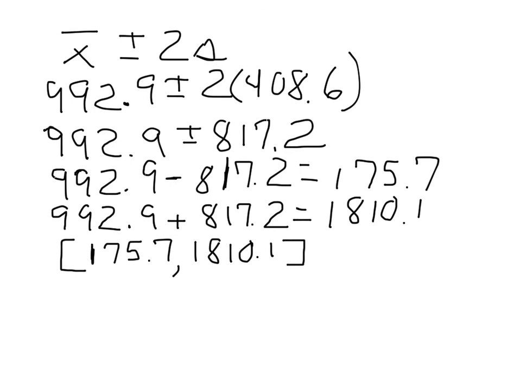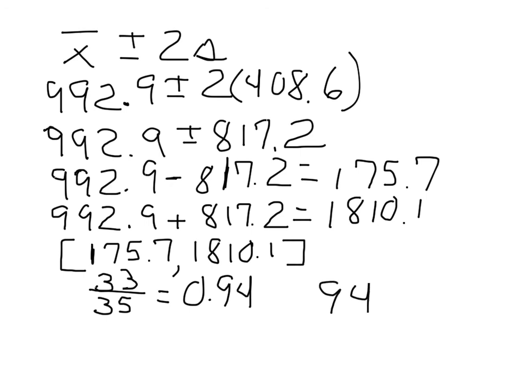So we will exclude 1869 and 1915. So we'll say that 33 of the 35 points fall in the interval. That gives me about 0.94 or 94%.